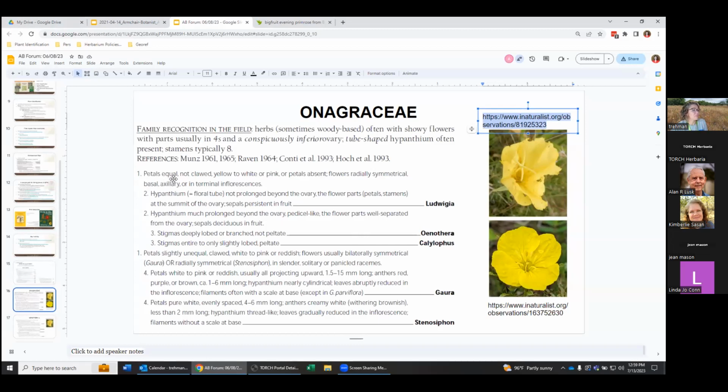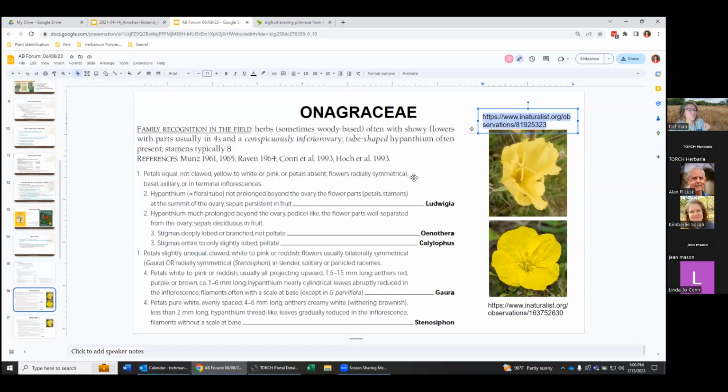The petals are equal. So that typically means equal in size. It's a little bit of a different language in how they string terminology together. Petals are equal. They are not clawed. A claw typically means at the apex of the petal here, it kind of gets a little harder and curls in. Well, it can mean 2 things actually. They're yellow or white or pink, or they have no petals.